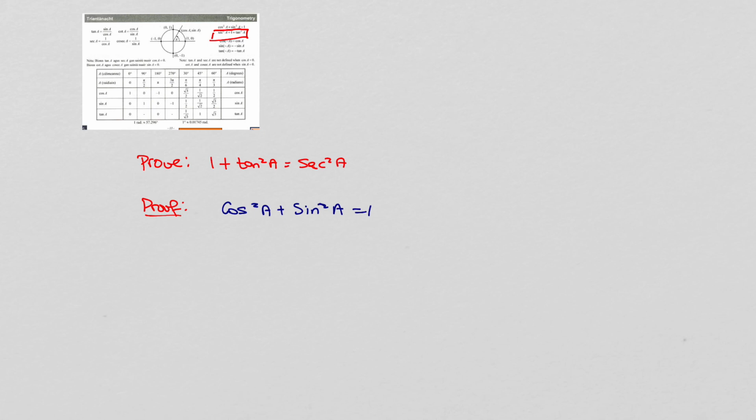So if I look here, I want to get a sec squared on the right-hand side, and I want to get a 1 here. To get a 1 in that position, I must divide everything by cos squared A. So in other words, cos squared A over cos squared A plus sine squared A over cos squared A equals 1 over cos squared A. I'm doing the same to both sides, so I'm not changing the value of this identity.